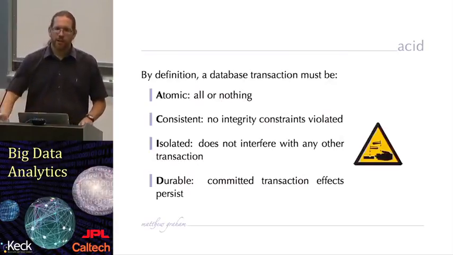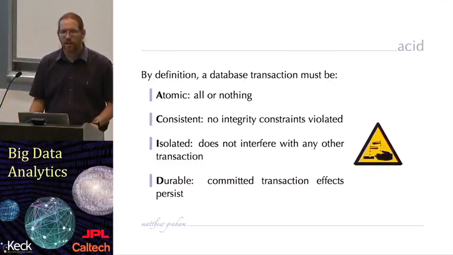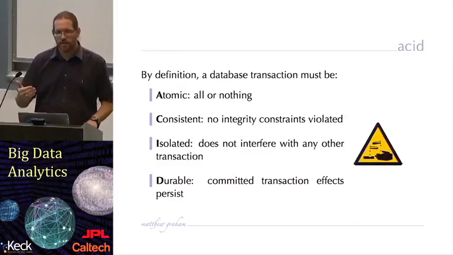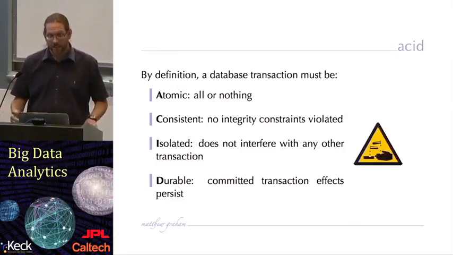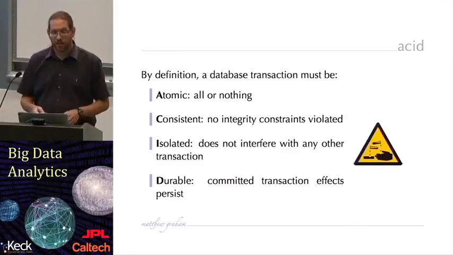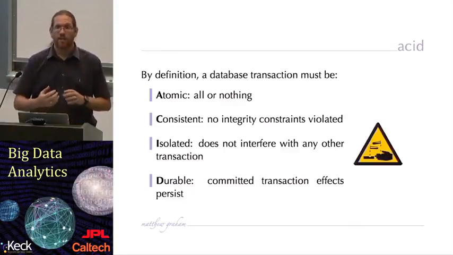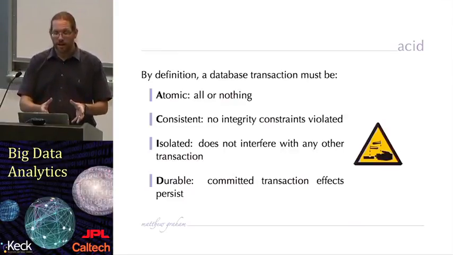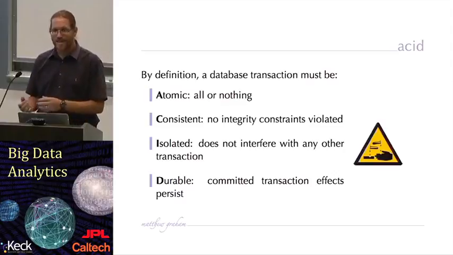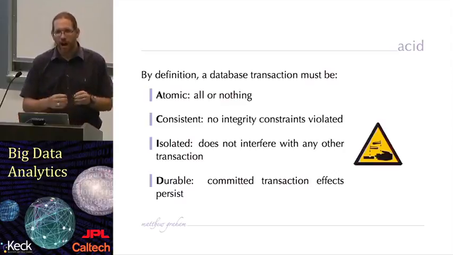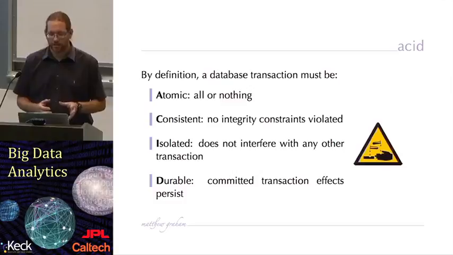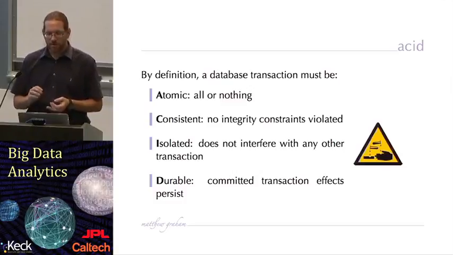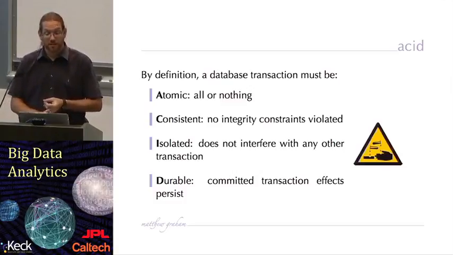By definition, therefore, a database transaction is what's called ACID, which is an acronym. It's atomic. So either the transaction completes or nothing happens. You don't get half the transaction occurring. The database transaction is consistent.